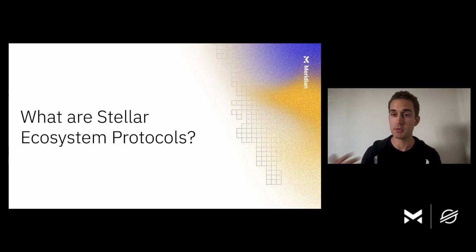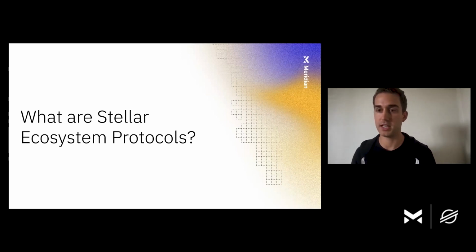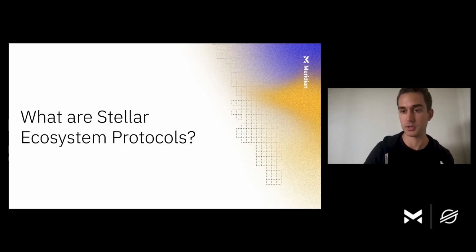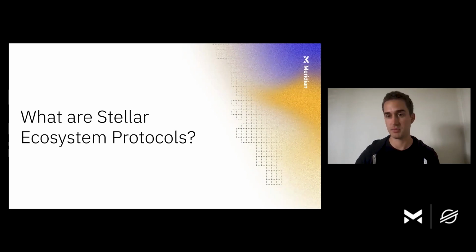So, for example, some of these Stellar ecosystem protocols, the one that we're going to talk about the most is the on and off ramp protocol, or what we call the hosted deposit and withdraw API. And what this does, for example, is if I, as a user, have funds in my Stellar account and I want to get cash or have an ACH deposit into my bank account, I can work with an anchor, and we'll go over what those are in a second, who exchanges my fiat currency or my cryptocurrency for the other asset.